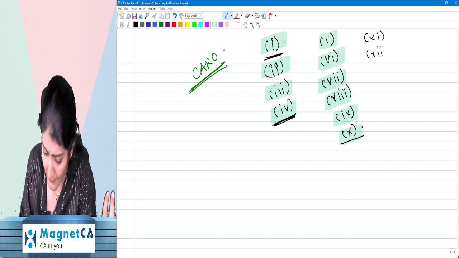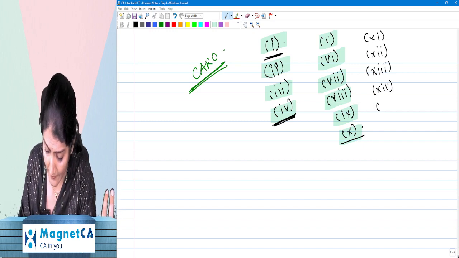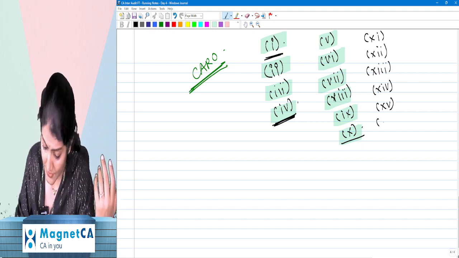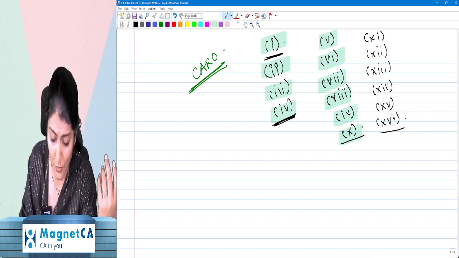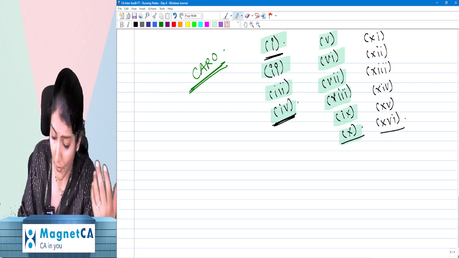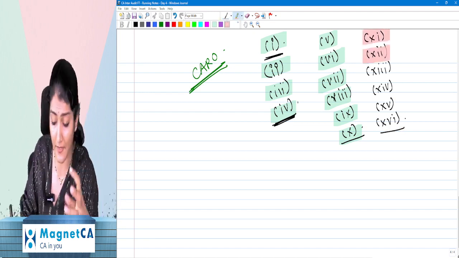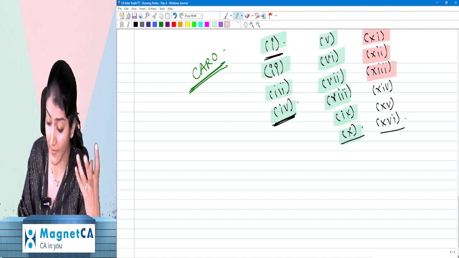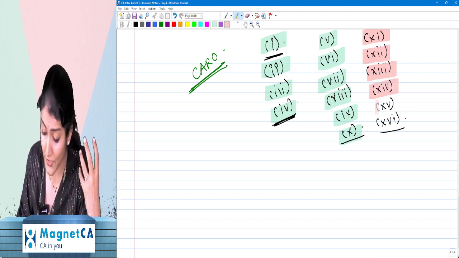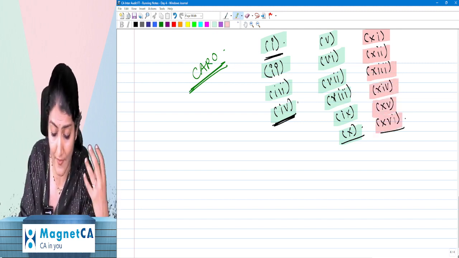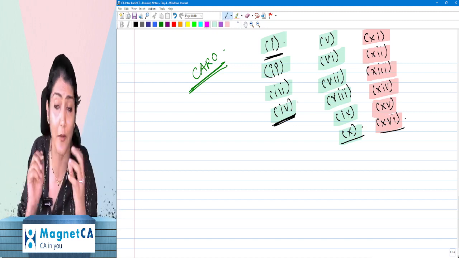Then 12, Nidhi company. 13, related parties. 14, internal audit. 15, non-cash transactions. 16, registration with the RBI. Right, so what do we say? Because the fraud was done by Nidhi, who was a related party. Internal auditor found out that she entered into a non-cash transaction without registration with the RBI.